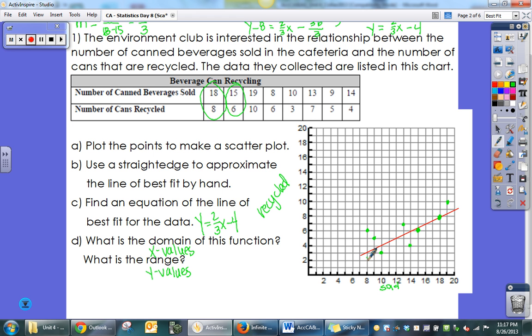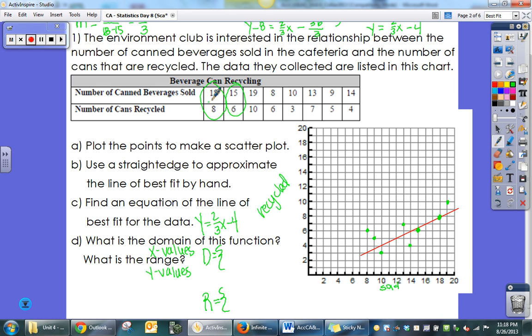It wouldn't make sense to connect between 14 and 15 because I can't sell 14 1/4 cans or 14 1/2 cans. So these are discrete values, which means that my domain and my range are also just going to be a list of discrete values. When we do that, we put them in braces.